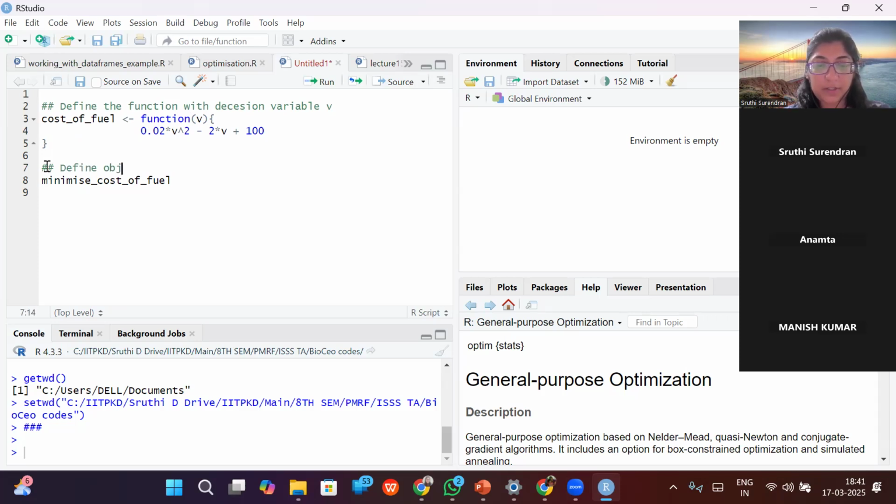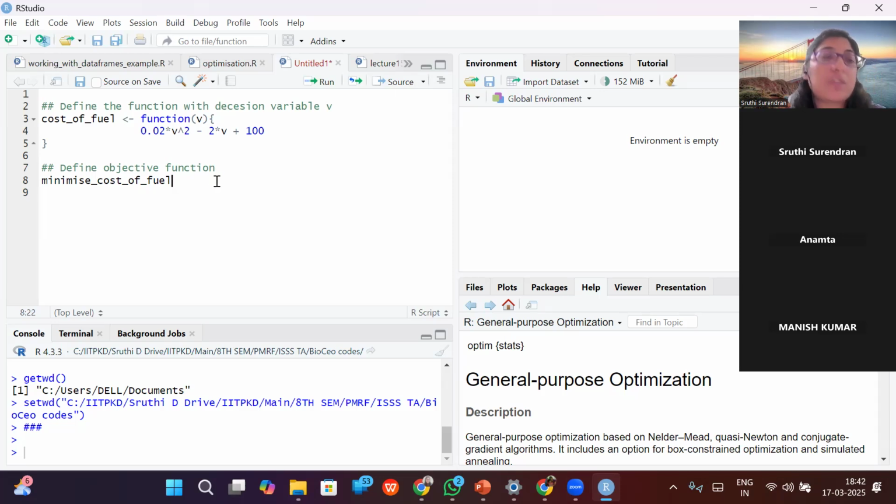objective function. These are all comments just written so that we can recognize what that line of the code is later on. Say suppose we forget and there are a lot of codes written. Then just writing a comment will help you in recognizing what you're doing.